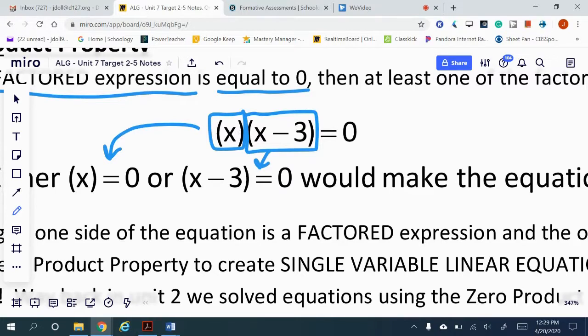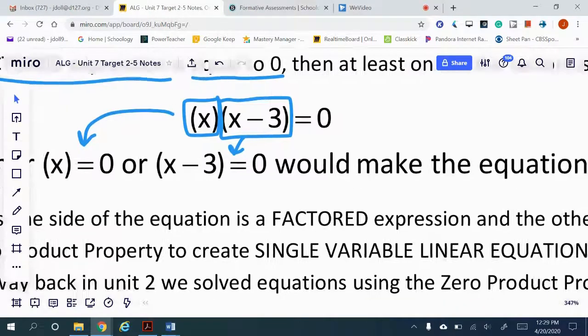But we create essentially parallel world lines, kind of like in the Avengers, where in one world line, this expression is equal to zero because x is equal to zero. And in a different parallel world line, this expression is equal to zero because x minus 3 is equal to 0. And since both give us a possibility to make the equation true, both would give us solutions to the equation.